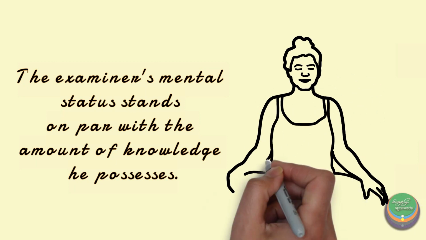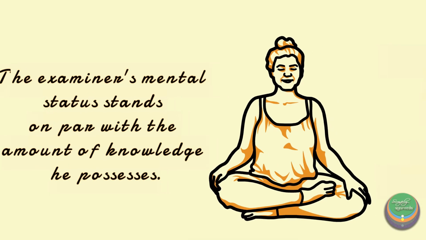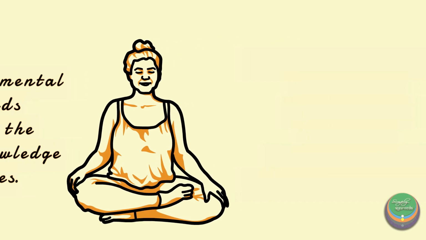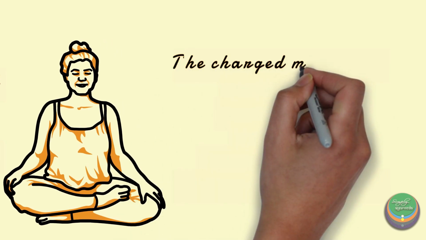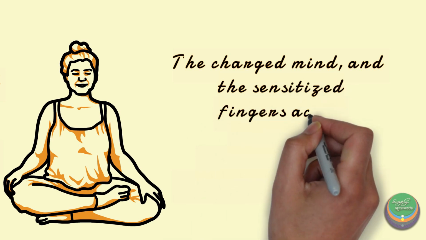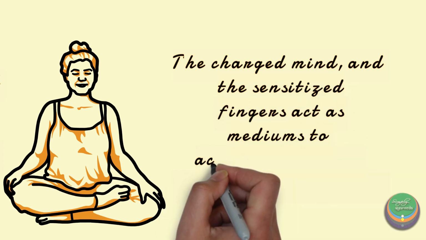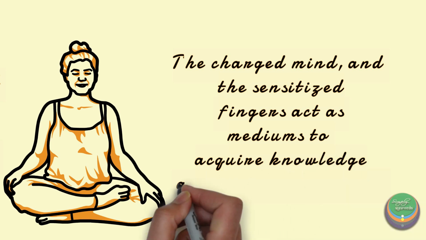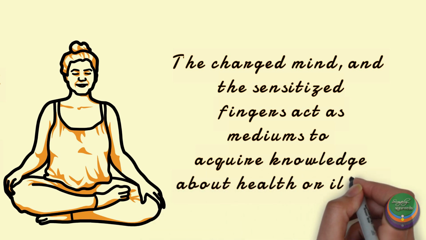Hence, it is preferred that the practitioner performs meditation before assessing the Nadi. This meditation helps in sensitizing the fingertips. The charged mind and the sensitized fingers act as mediums to acquire knowledge about health or illness.